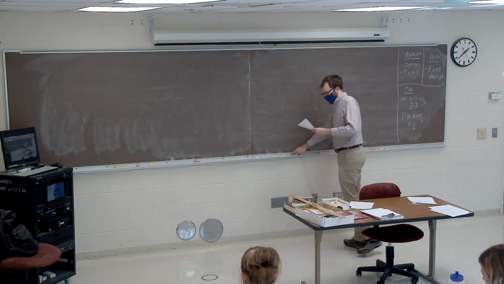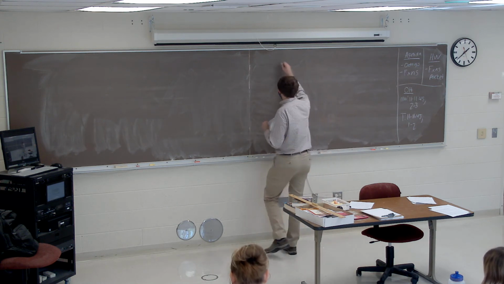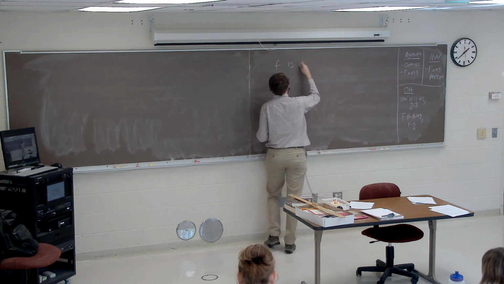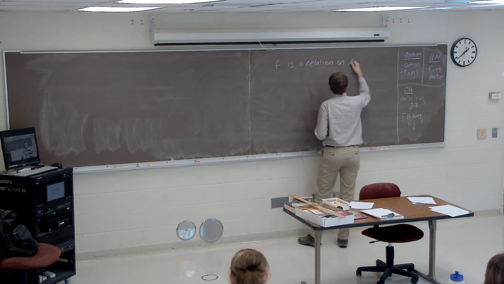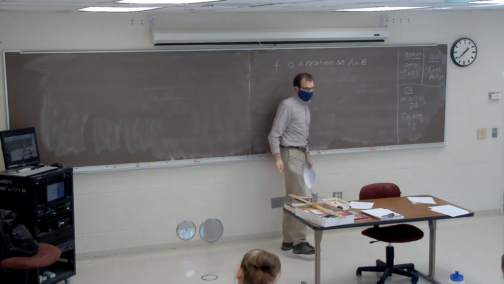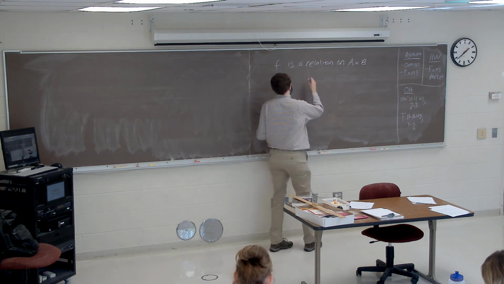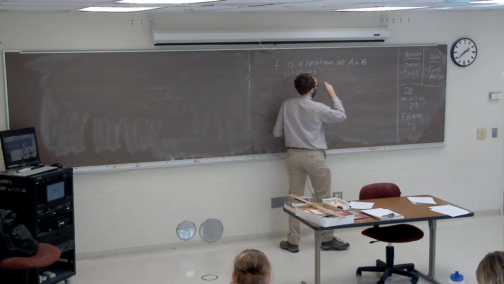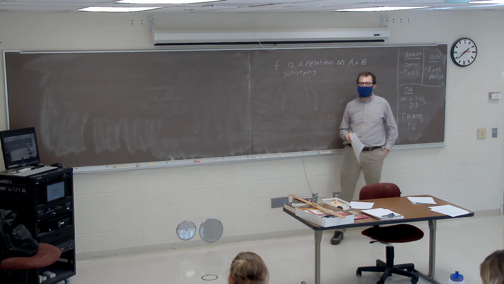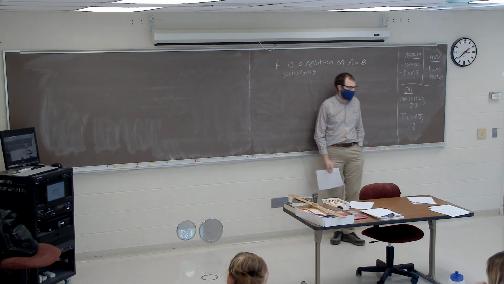So here's how I'm going to define a function. A function, f, is going to be a relation on the Cartesian product of two sets. And we want two different sets. So first of all, what does it mean to take the Cartesian product of set A and set B?